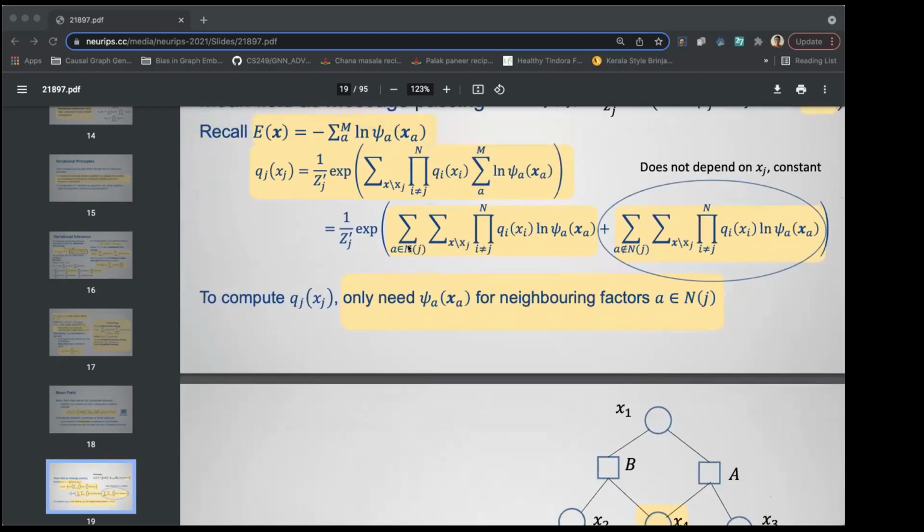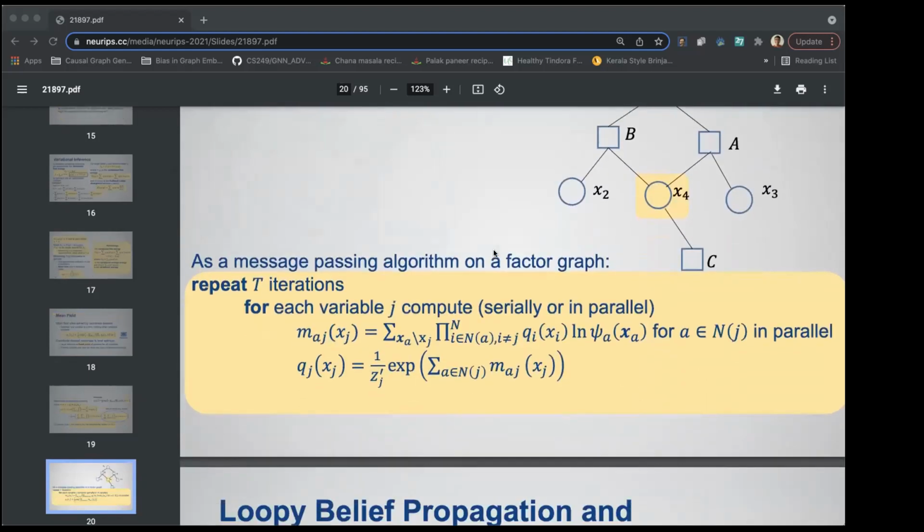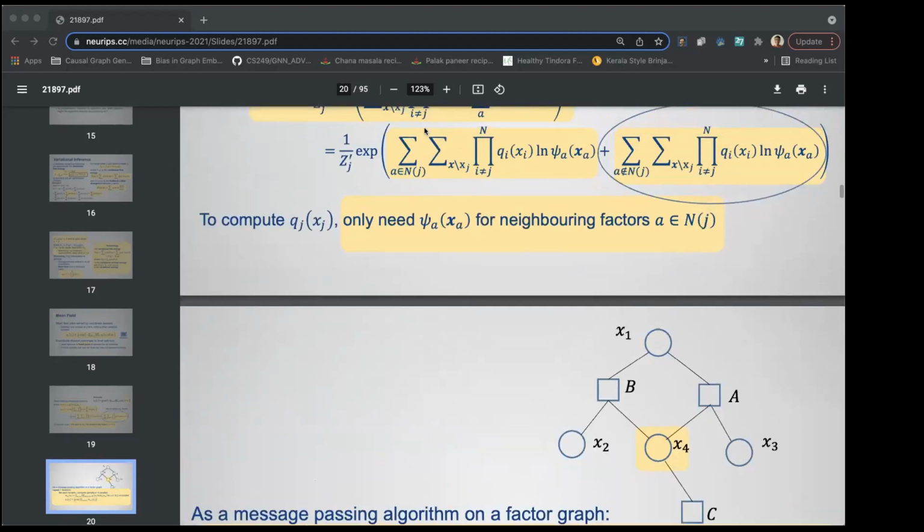And you can already see here that because we have this thing over the neighborhood, this is some kind of message passing algorithm. And in addition, all the computation only depends on the neighbors as well as the value of Xj itself. So just more formally, as a message passing algorithm on a factor graph, we do exactly what we did here, where we treat this term here that starts with the sum over all instantiations except for Xj, all the way to the end, as the message.